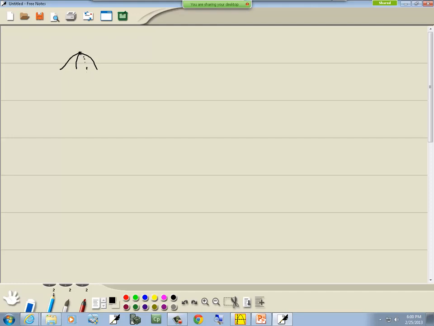Here we have a high point relative to what's around it. This would be a relative max. Or if we have a low point relative to what's around it, not that I can draw 3D, but use your imagination, that would be our low point. That's a relative min. So that's what we're finding here.